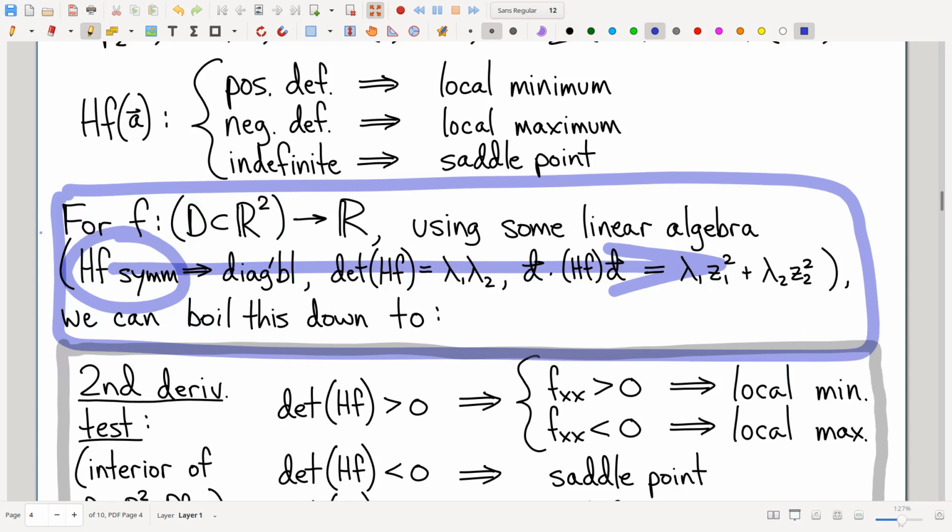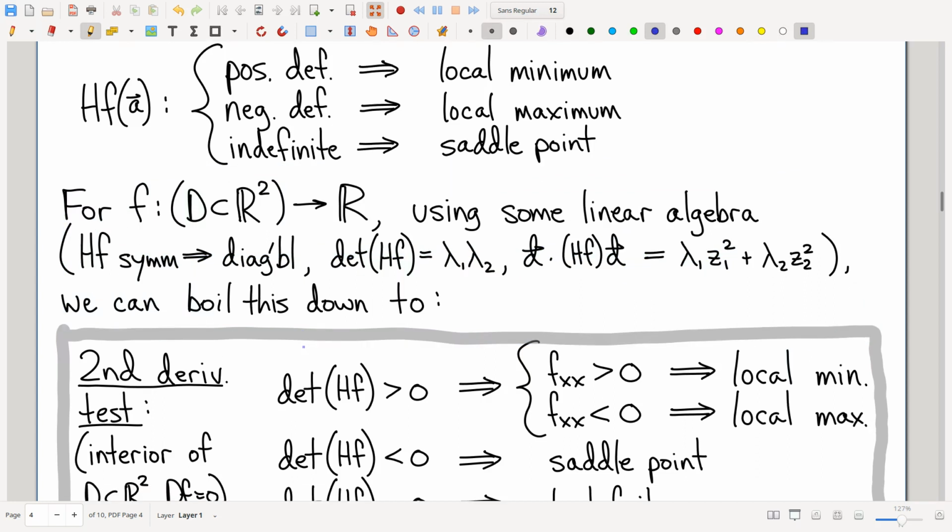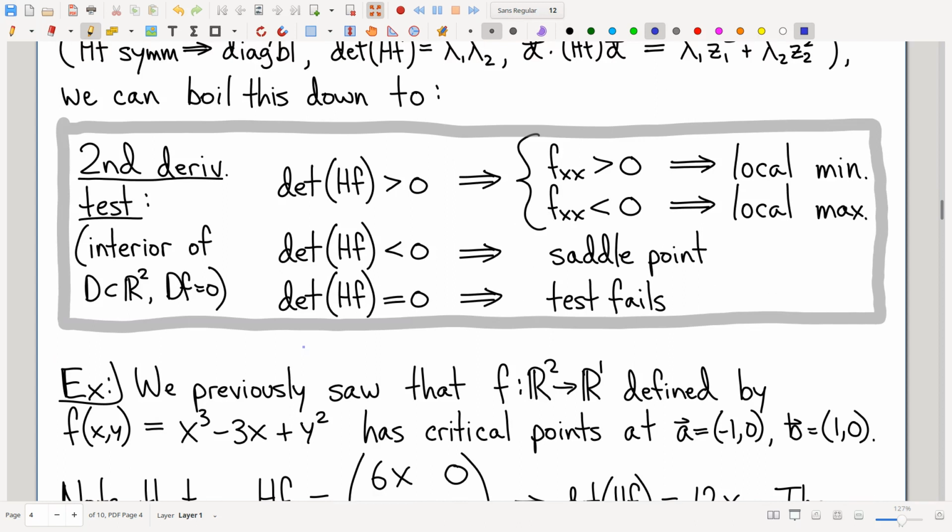And here's the nice punchline. We don't even really have to think of this in terms of positive and negative definiteness. We can just look at the rules. Here we go. Step 1, look at the Hessian determinant. There's 3 possibilities.